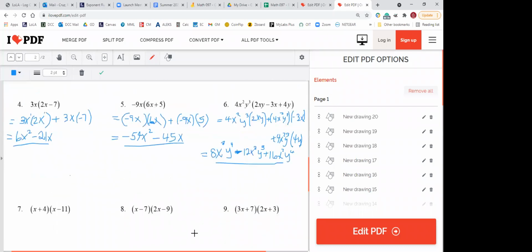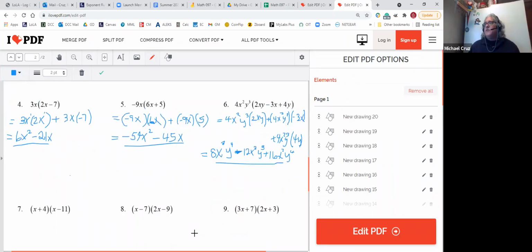All right, any questions about that one? That one is a long one, and it's kind of messy because you've got 3 things to multiply in each one. You got the numbers, you got the variables.